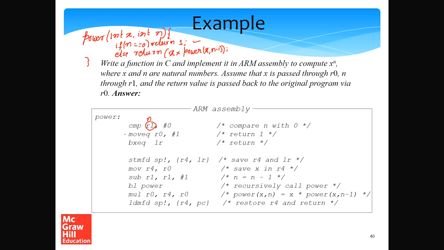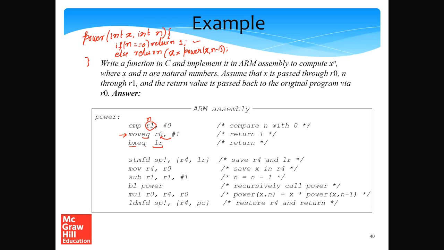We use a predicated or a conditional instruction over here: if n is equal to 0 and equality holds, then we will execute this instruction moveq, which will move 1 into R0, which is our return value. Similarly, if there is an equality, we will execute the bx instruction and we will jump to the return address.